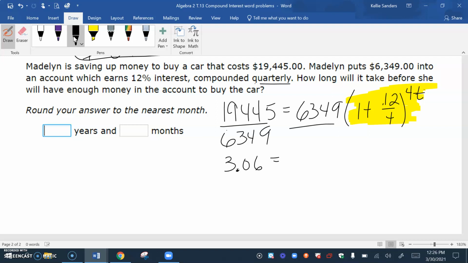All right. Then the 1 plus 0.12 over 4 is 1.03, something, to the 4t.